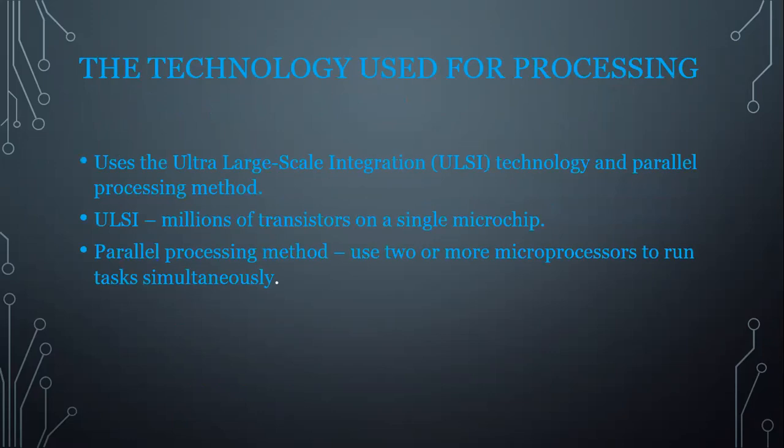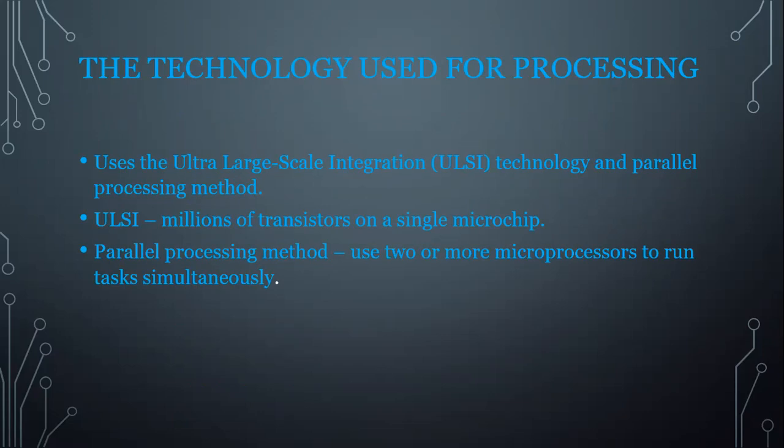The technology used for processing. This uses ultra large scale integration, ULSI technology, and the parallel processing method. The ULSI uses millions of transistors on a single microchip, and the parallel processing method uses two or more microprocessors to run tasks simultaneously.